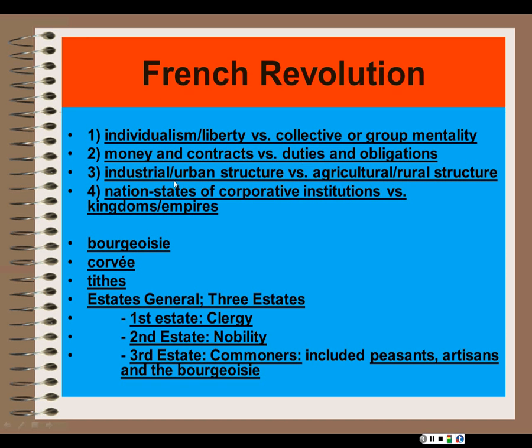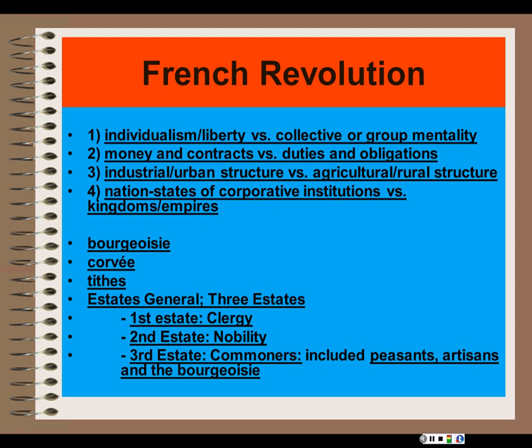And we'll see here soon how the industrial and urban structure will become more and more important, and that the new nation states of corporative institutions like parliaments would become more important than kingdoms or empires.